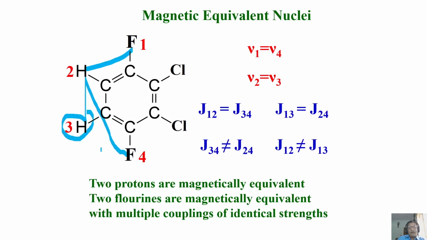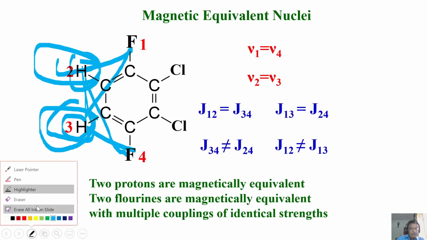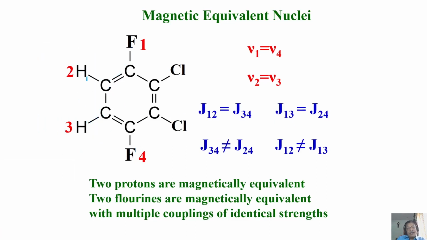Similarly, if you take proton 3, 3-4, 3-2 and 3-1, they are all the same. So that means these 2 protons are magnetically equivalent, with multiple coupling strengths of identical magnitude. This proton has multiple couplings, and this proton has multiple couplings, but the coupling strengths, though they are different, are the same when you consider this proton and this proton. You understand what I'm trying to say? 1-2 is equal to 3-4, no problem. Similarly, 1-3 is equal to 2-4. There are 2 different types of coupling, but they are the same.